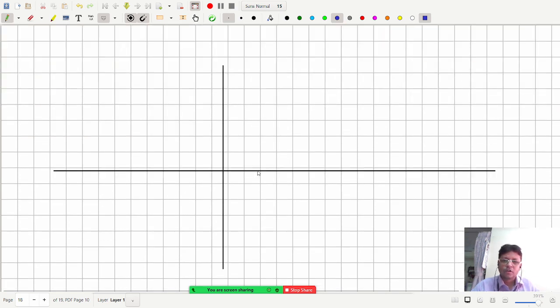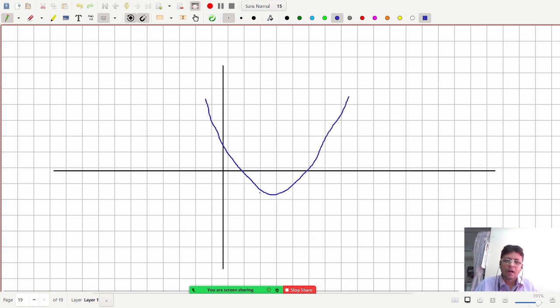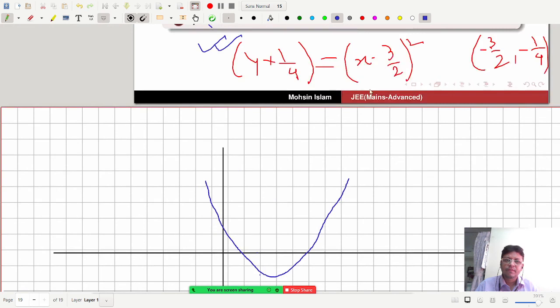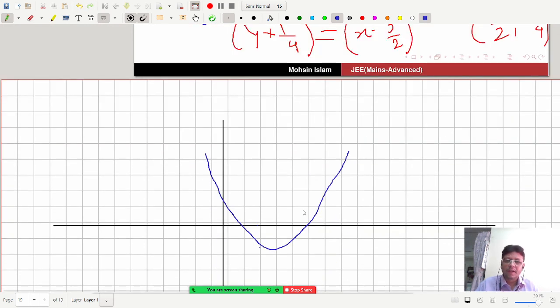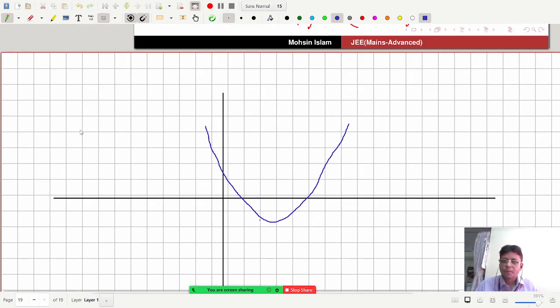So suppose this is 3 by 2, minus 1/4, and this is the parabola first of all. In the second case you have minus 3 by 2, minus 1/4, so your parabola will be like this in the second case.